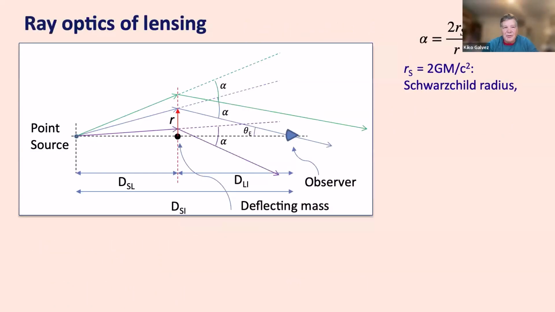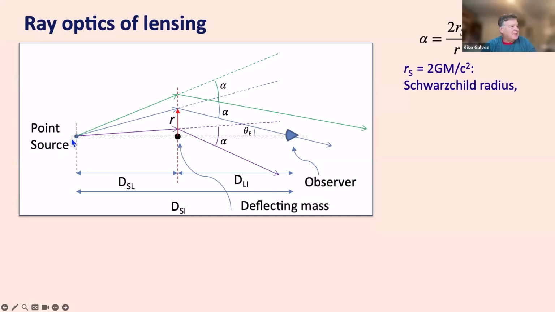So let me go over the ray optics of lensing. So you have a point source and then a lens. So then light gets deflected as it goes around this mass. Now, what made me get into this problem was to read from articles about what is called the thin lens approximation.